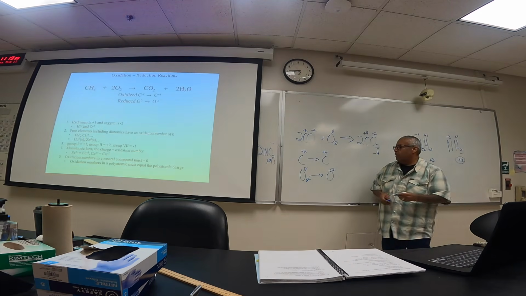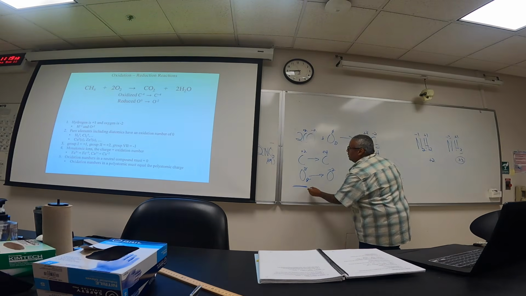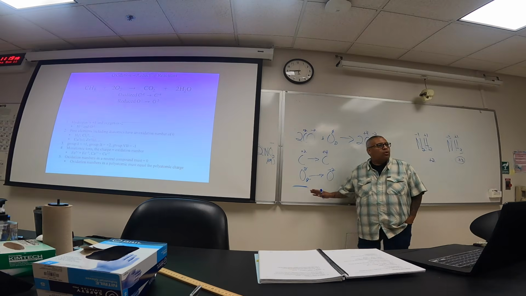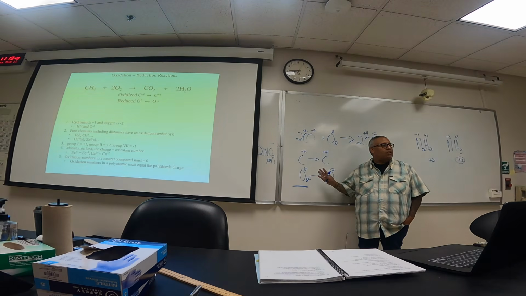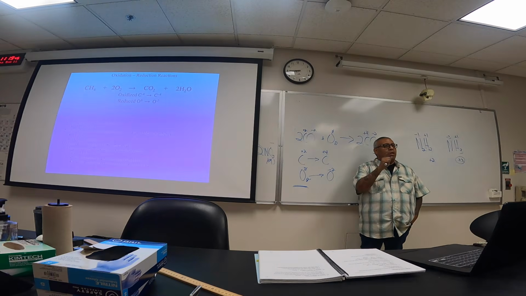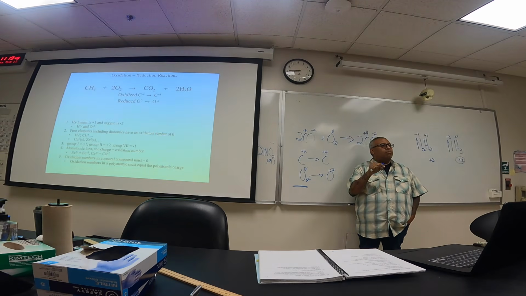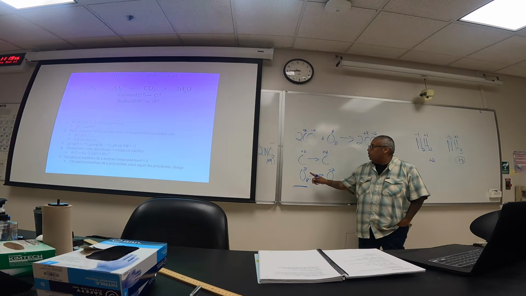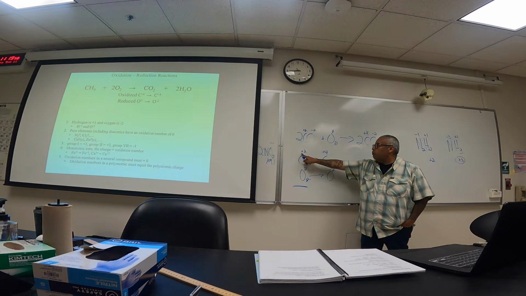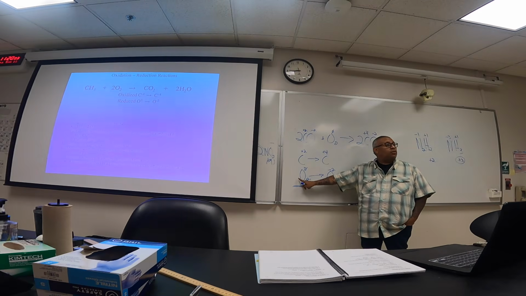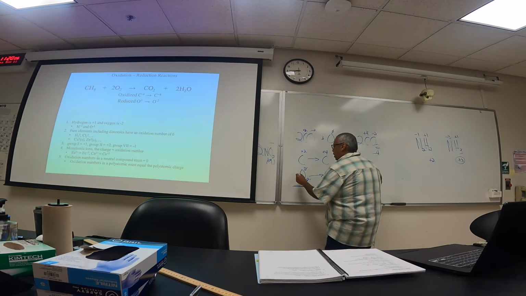If we're looking specifically at the reactants, and I ask you which one is reduced and oxidized, I want you to look for the one that's reduced first, because we're looking at the oxidation number. Which one of these did the oxidation number get smaller? Did it get smaller from here to here, or from here to here? So oxygen got smaller.